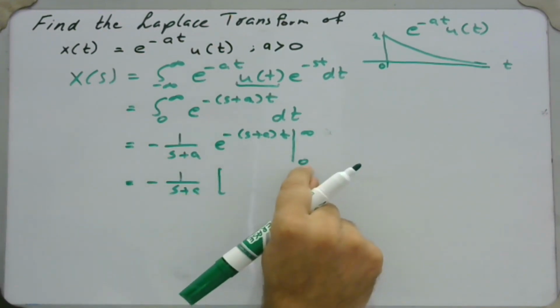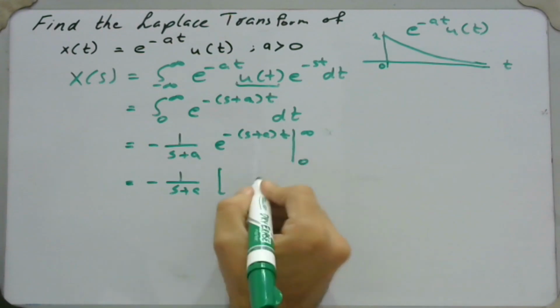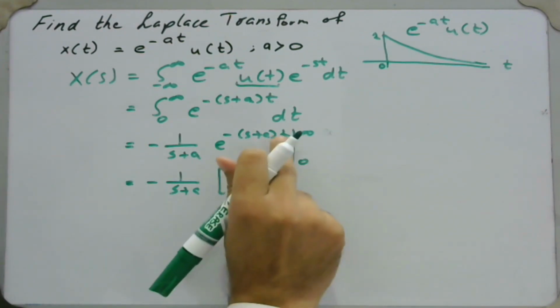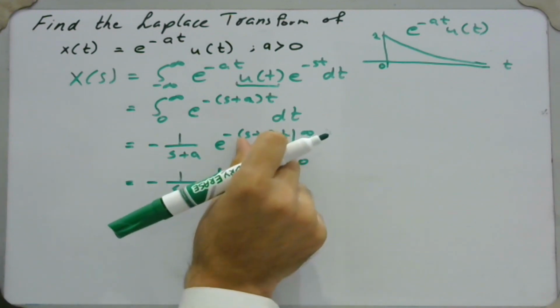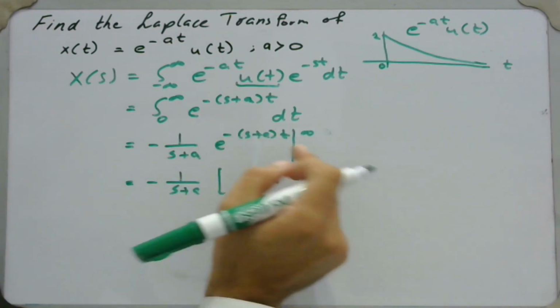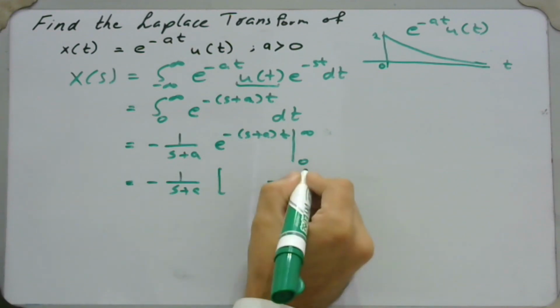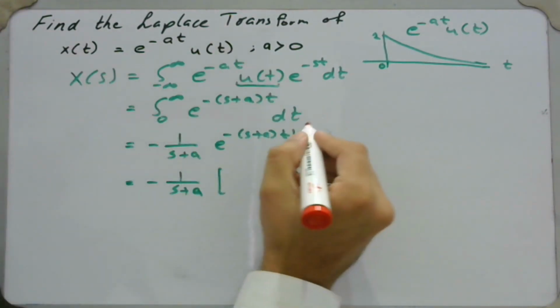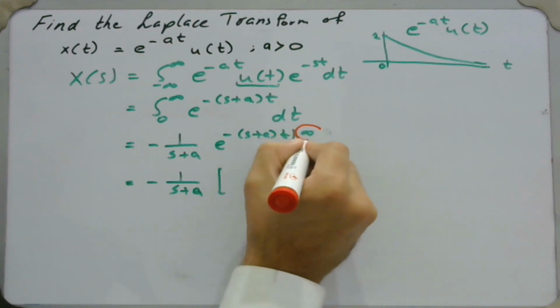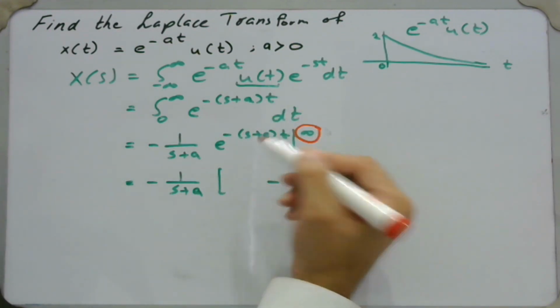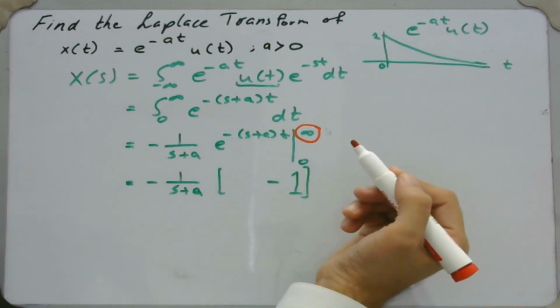So let's put the lower limit, when t tends to 0. In this case, when t is 0, the whole exponent would be 0, and the exponential of 0 is simply 1, so we are having 1 here. The Laplace transform is much more dependent on the upper limit. So at time infinity, would this function converge or diverge?